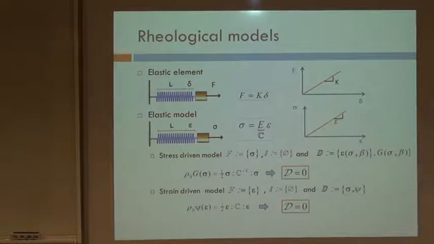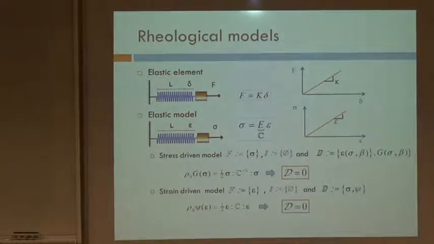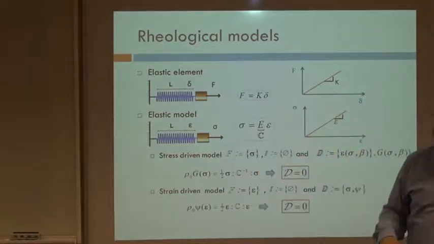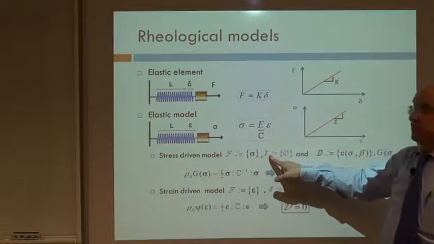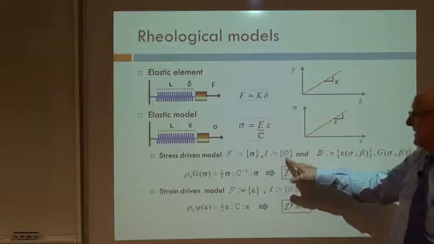So far, very easy. So let's try to formulate this elastic model, we have done already a certain number of times, in terms of what we have seen before. For instance, what about the stress-driven model? We define the free variables as the stresses. The internal variables, it's an elastic one, empty set. Okay?